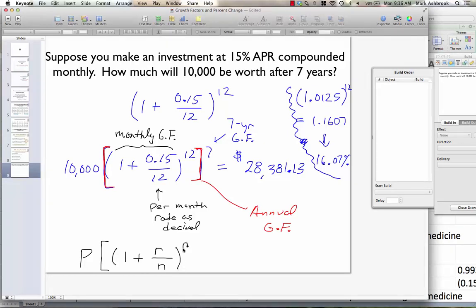So we're going to raise it to the N, and that whole thing is the annual growth factor, the yearly growth factor. Inside is the per period growth factor. And then we're going to raise that to the T, and you get the T-year growth factor. And that usually equals the final amount, usually called A.